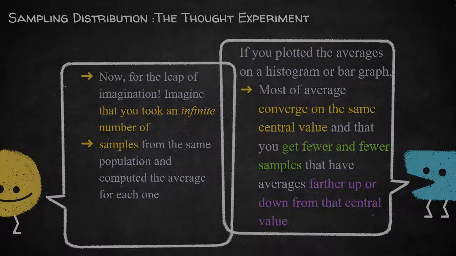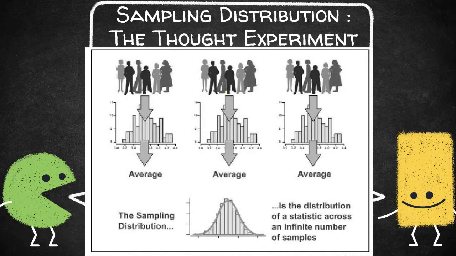So what you arrive at is this: in this experiment originally we took 3 samples, so we computed 3 separate averages. We get this kind of distribution, but then we replicated this an infinite number of times, and we again plotted this curve.